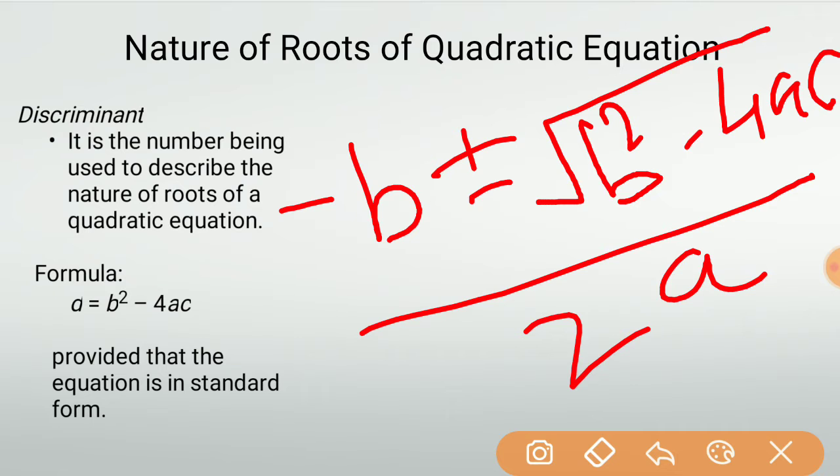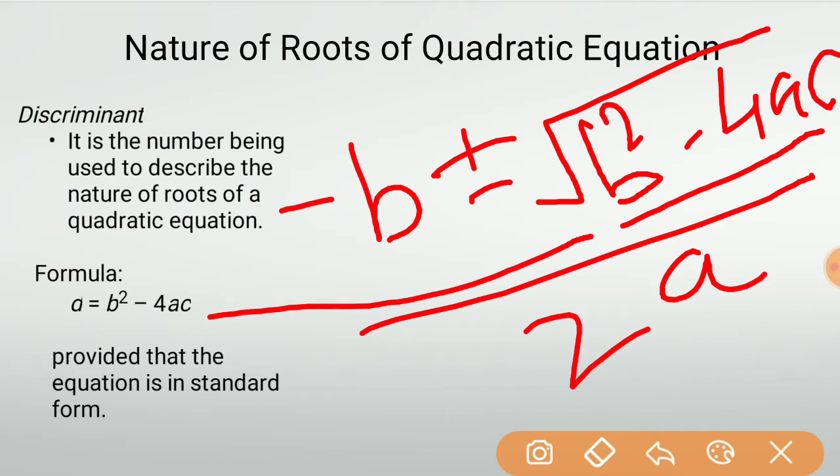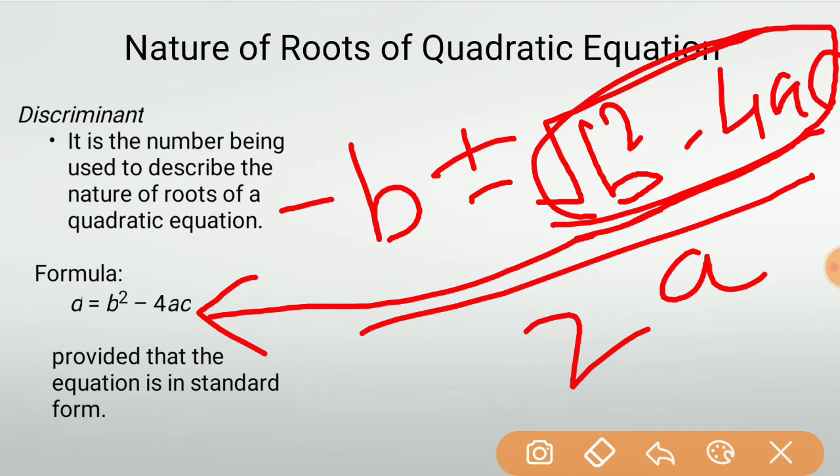From this formula you can take this part, b square minus 4ac. This part of the formula is called discriminant. So discriminant is nothing but this portion of your quadratic formula, b square minus 4ac.